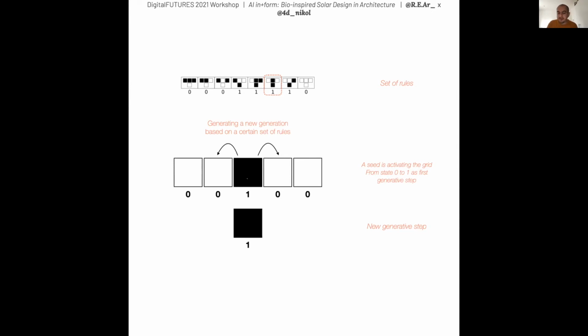And then, if we have more than just one seed, if we have a collection of seeds working simultaneously in the system, that means they are interacting between themselves as well, just through the neighbors, because the neighborhood is the way in which they communicate what's going on for the next step.